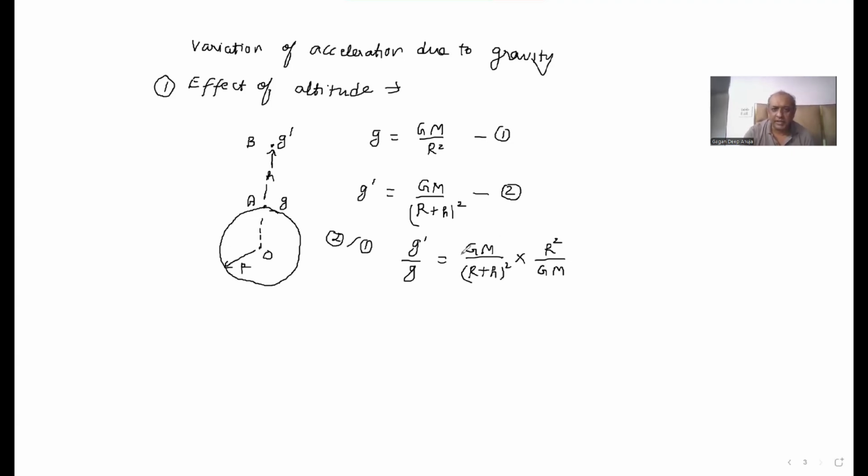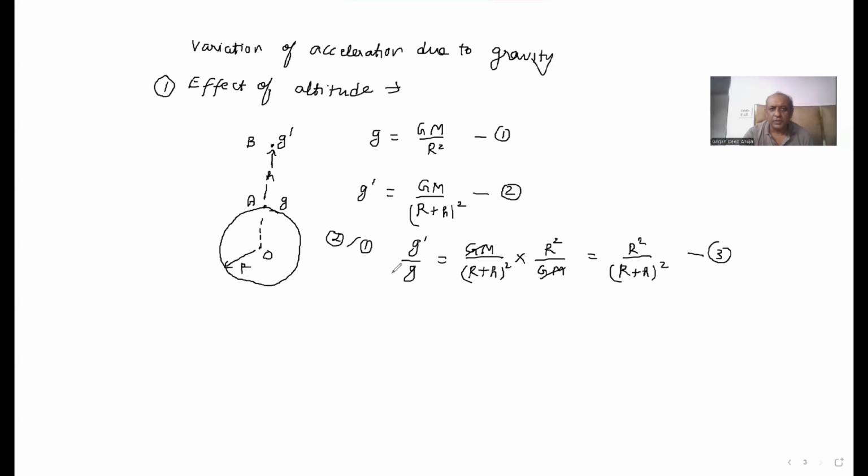So GM gets cancelled in the numerator as well as denominator. So what we are left with is R square divided by (R plus h) whole square. So let's call this our equation number three.